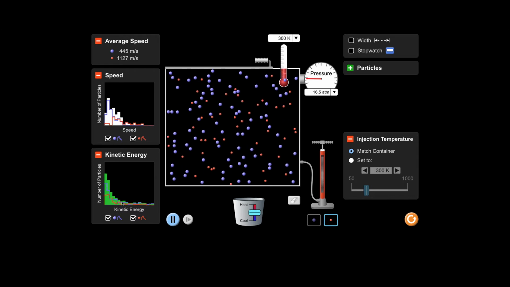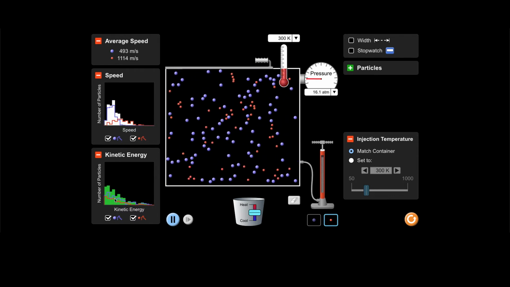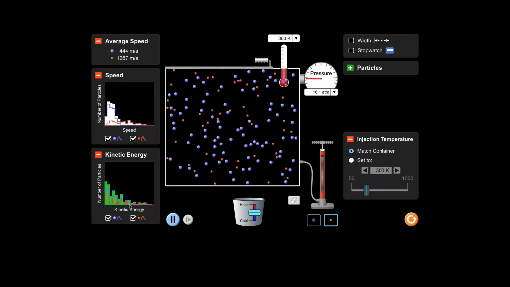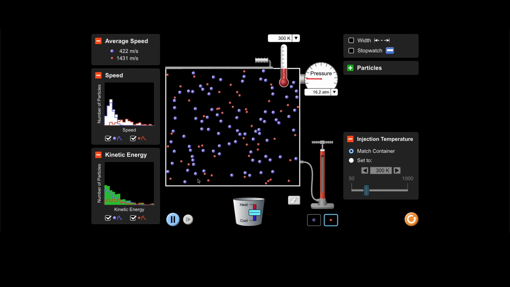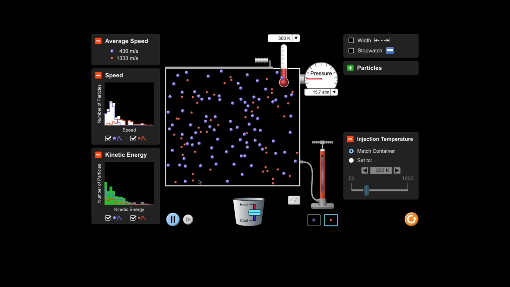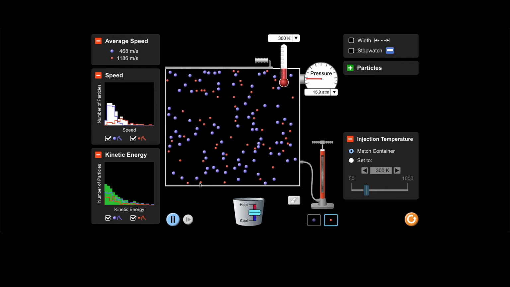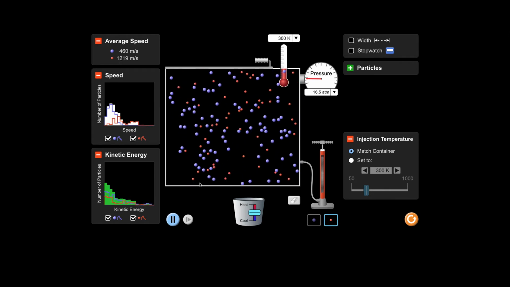And the kinetic energy plot certainly tells a different story. In other words, the kinetic energy curves for both the purple and the red series of molecules are essentially identical. We have the same distribution of kinetic energy amongst the red particles as we do amongst the blue particles. And that's because the red particles are lighter, they have to move quicker in order to have the same kinetic energy.